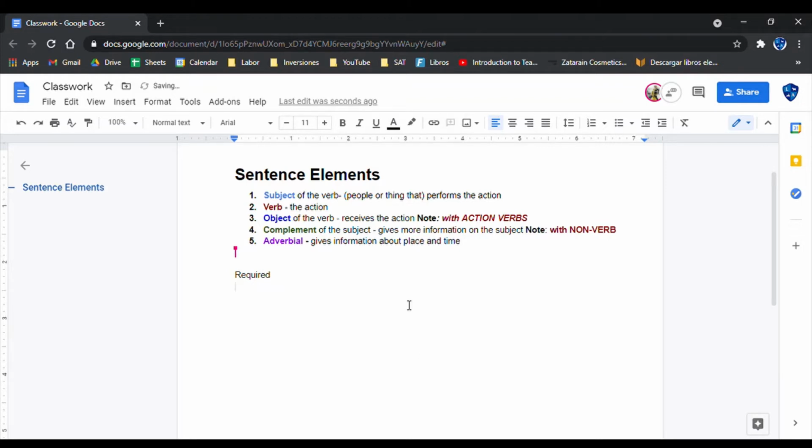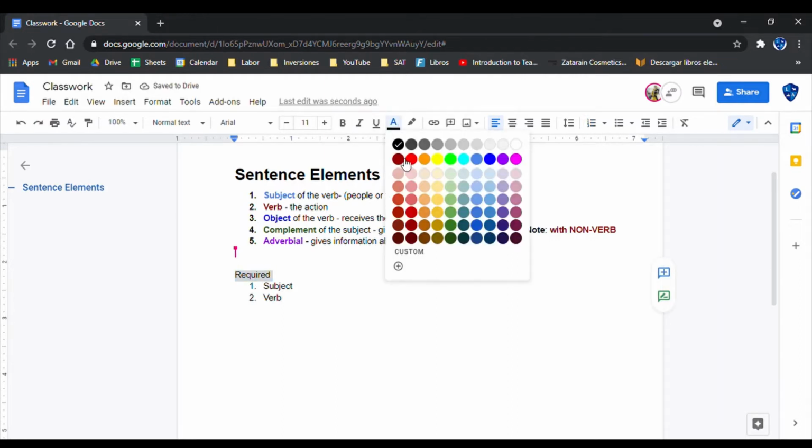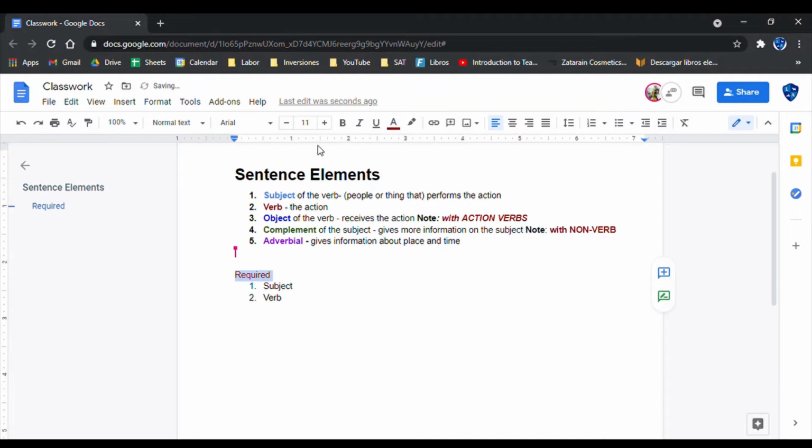The 2 that are required are the subject and the verb. If we don't have a subject and a verb, we do not have a sentence. Okay, these are required. So let's do some examples.